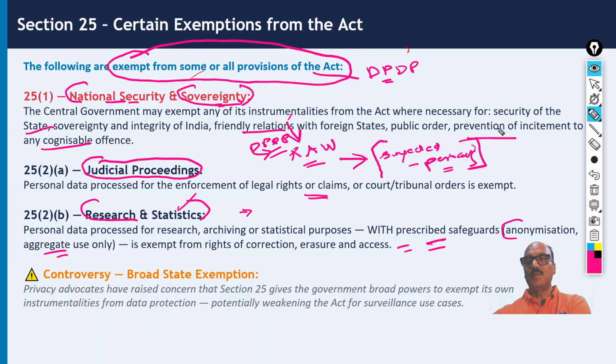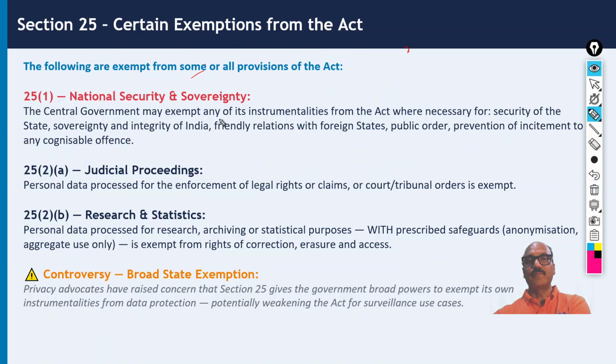So here it's mentioned about one aspect. Okay, this we know, integrity of India, foreign relationship. What exactly does it mean? When we have diplomatic relations with so many countries, the government has to share the personal information of the diplomats of this country with other countries. Similarly, those countries will do the same, right?